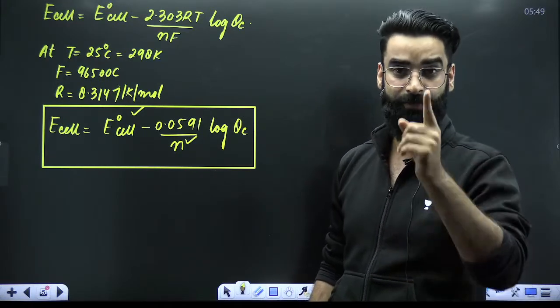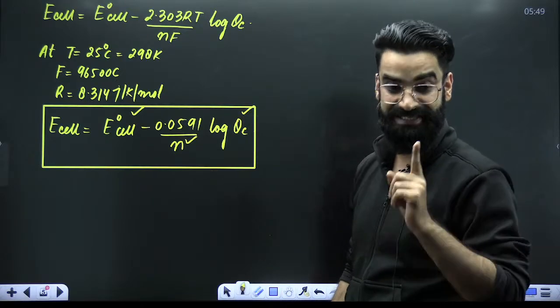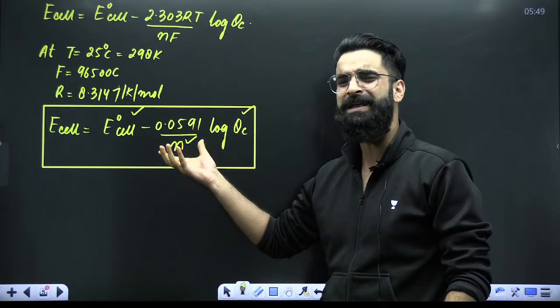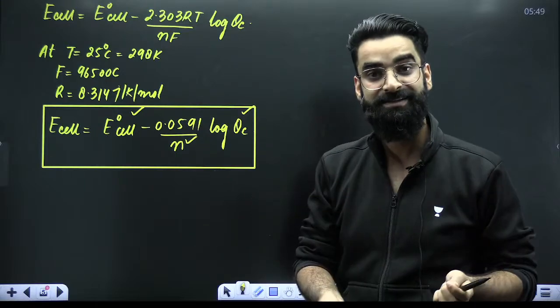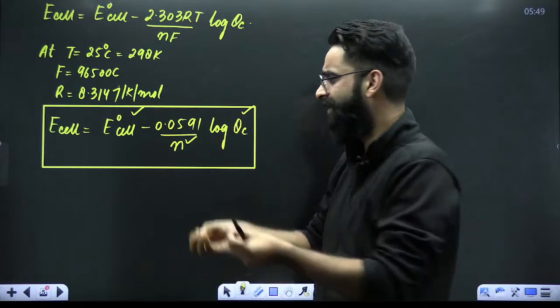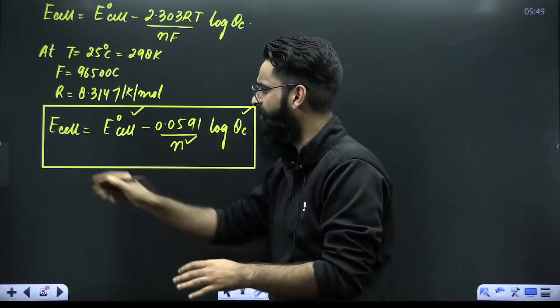That gives you the N value. I hope you remember. And I hope you remember how to get the QC value as well. This is something we have discussed too, right? So basically, whatever parameters we need in the Nernst equation, we have already discussed. Now what we need to do is put the values of those parameters into this equation and get the value of E cell.